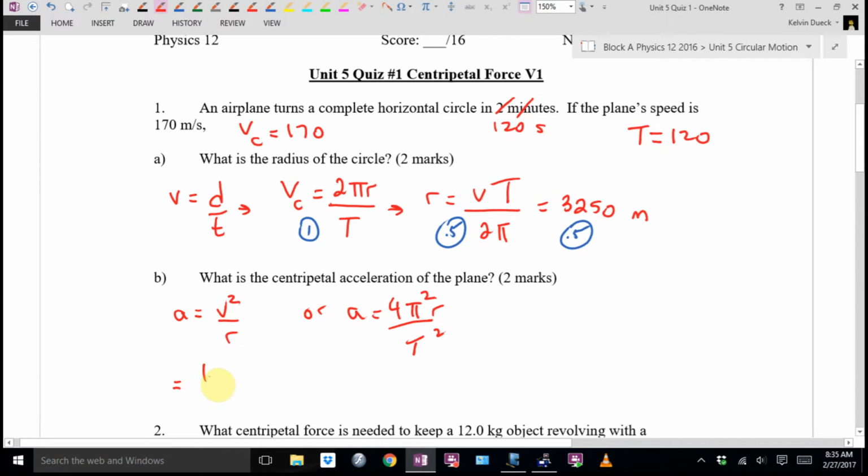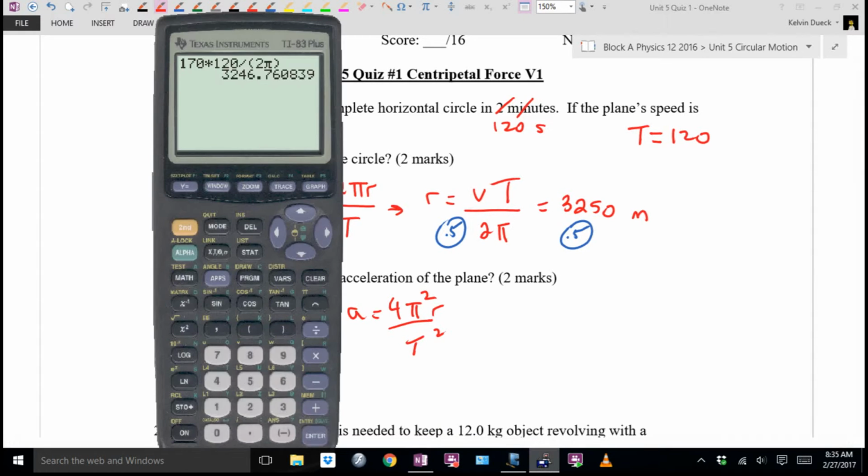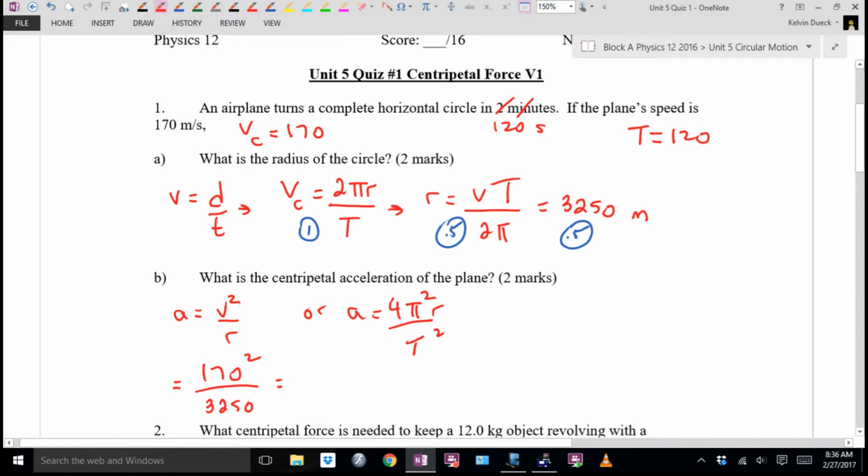It's going to be 170 squared divided by 3,250, but you know I'm going to use my answer button. You get 8.9. So this pilot's pulling just shy of 1 G. Same as before, 1 mark for the equation, half mark, half mark. Oh, well, I guess here, 1 mark, because you didn't have to, the a is already by itself.